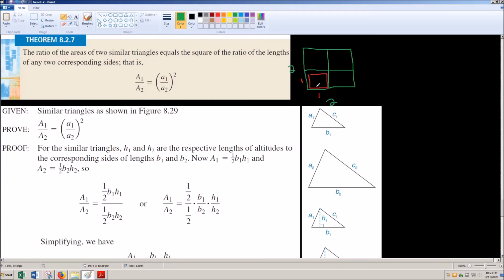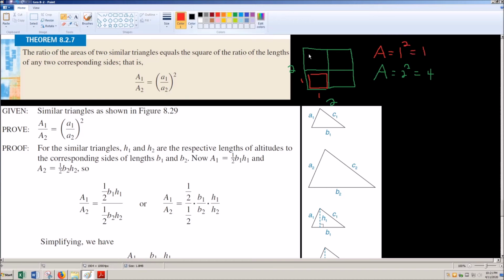If I want to talk about the area of this red square, it is 1 times 1, which is 1. The area of the green square is 2 times 2, 2 squared, which gives me 4. Now I want to relate these two areas together.